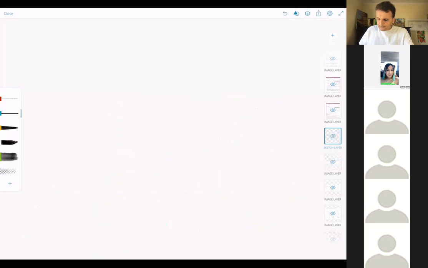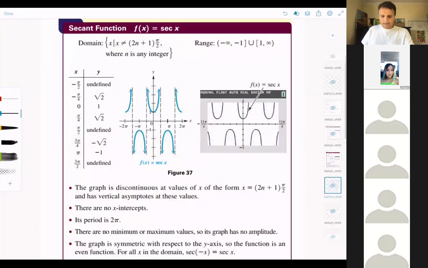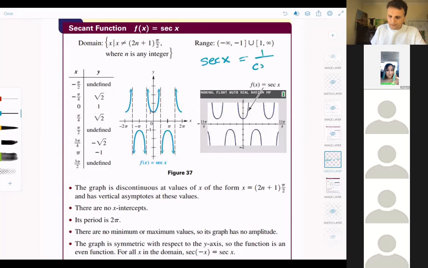All right, that's a graph of secant. Secant of x is 1 over cosine of x. So if you graph the cosine of x, this is going to go here, here.